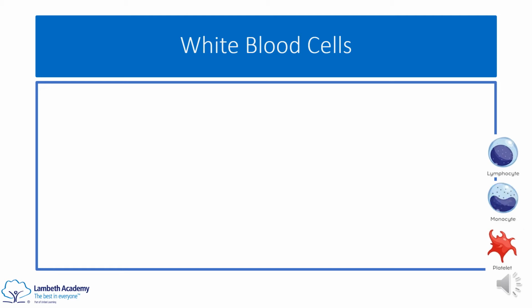So let's say you have an infection in one of your organs, or you have an infection on a cut. They will leave the circulatory system and they will go and seek out that infection. So these are absolutely essential in fighting infections. Because of that, they are part of your immune system.